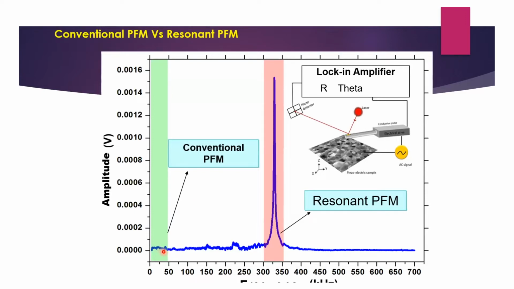The first is a region far away from the resonance frequency. If we choose the frequency in this region, we call this technique conventional PFM. And if we choose a frequency near the resonance frequency, we call this technique resonance PFM.